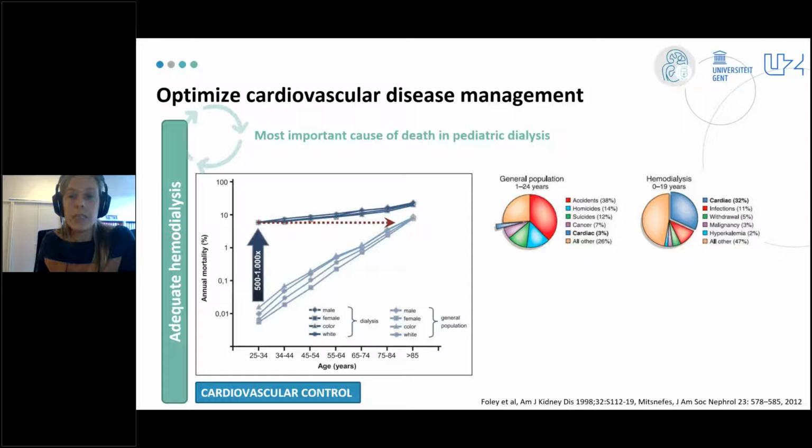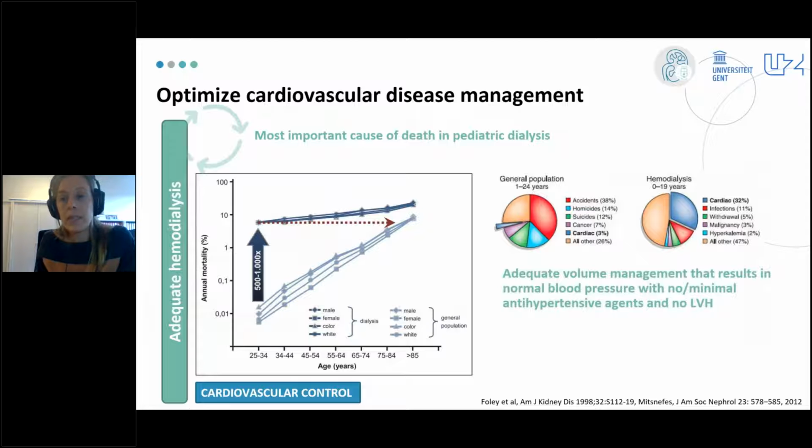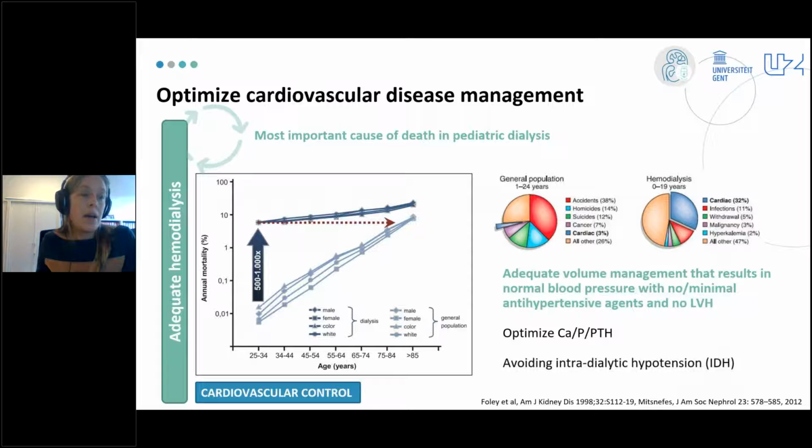Key is really optimizing these cardiovascular outcomes while striving for adequate volume management, which is defined by having a normal blood pressure with no or minimal antihypertensive agents and no left ventricular hypertrophy. And this was also highlighted by Fabio in the previous talk. And I really think this is the main topic that we need to focus on. Of course, calcium, phosphate, PTH is again important here. And we also want to avoid intradialytic hypotension.